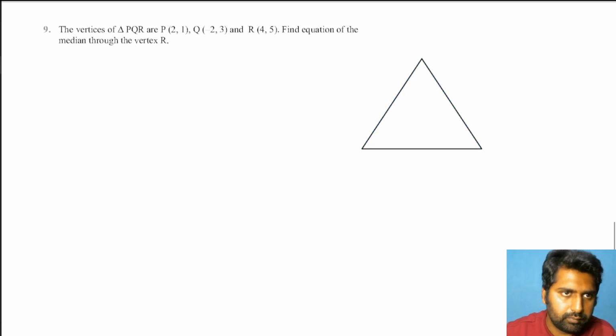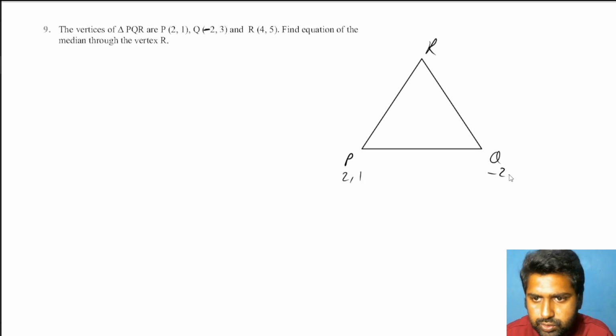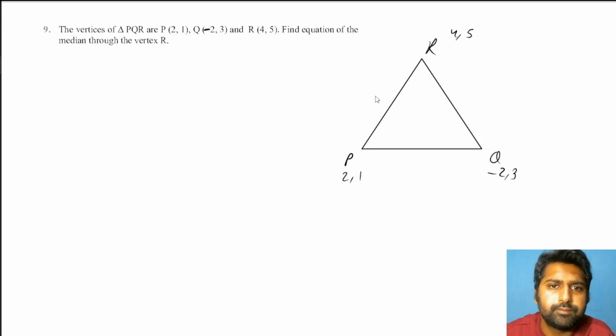P, Q, R. He has some coordinates. Let's write down: P is 2 comma 1, Q is minus 2 comma 3, and R is 4 comma 5. It's saying find the equation of the median through vertex R.